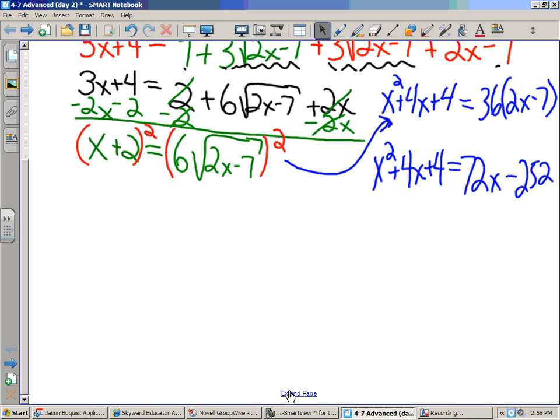Well, now what? We got rid of all these radicals, at least. I see an x squared. Is it going to be going anywhere? Is it going to cancel out algebraically in any way? So you're telling me I have something that's quadratic?